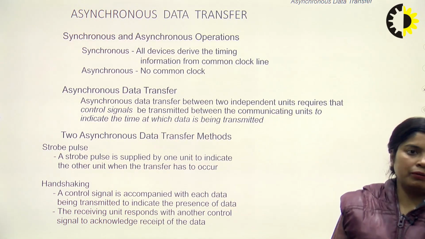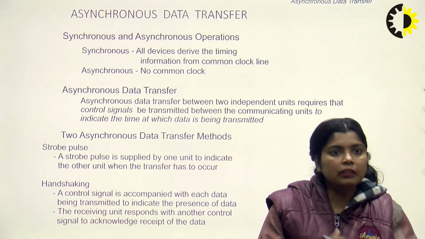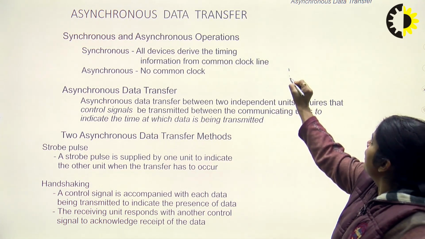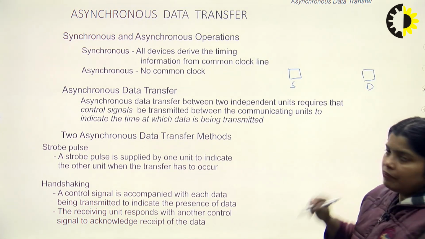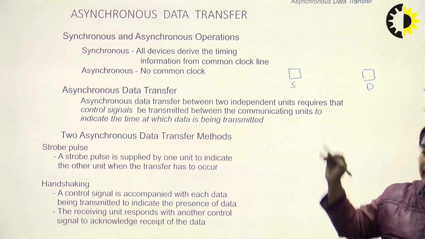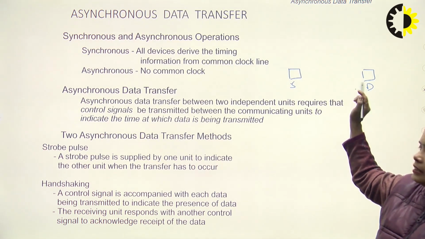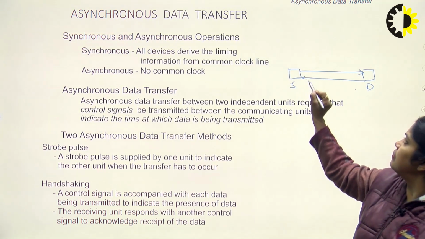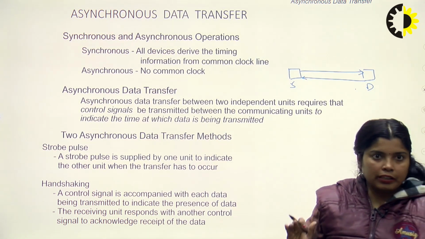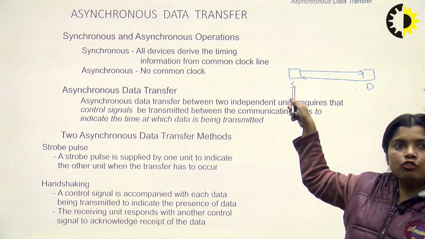Asynchronous data transfer means there is a source and a destination device, or a sender and receiver. The source is transmitting some message and the destination is responding accordingly.